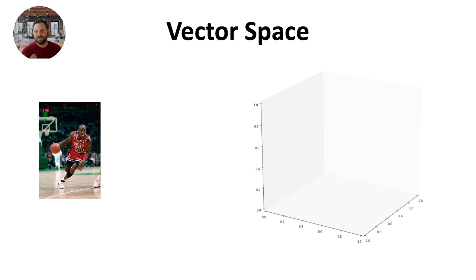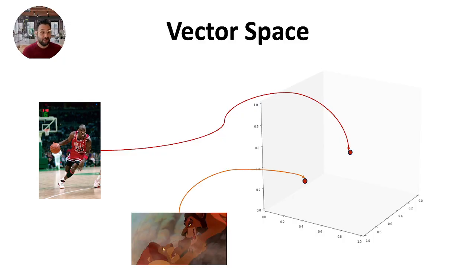Anyhow, let's imagine that my picture of Michael Jordan dribbling is a point on that megapixel dimensional space, right? So it's here. And also we can argue that another image, a very depressing image from my childhood, Mufasa's death from Lion King, is also an image.